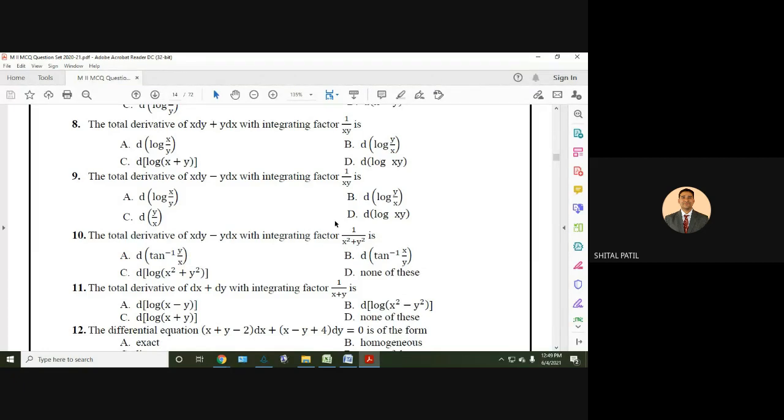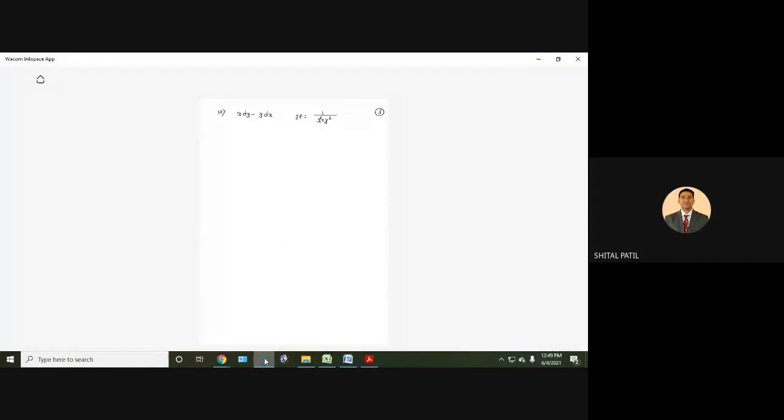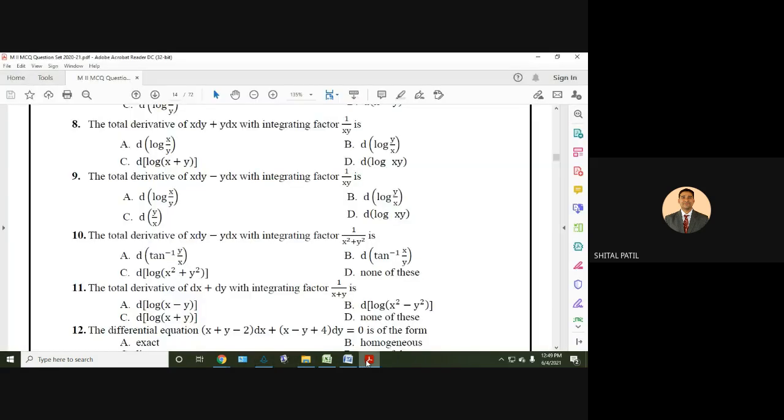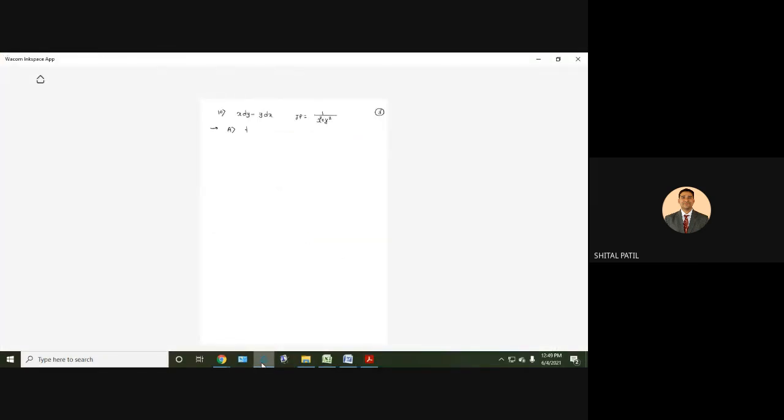So remember that we want 1 upon x square plus y square. So see what is to be done for that. Option A you are saying. Let me start with option A. What is the A option? Tan inverse of y by x. D of tan inverse of y by x. Let's solve. What is the derivative of tan inverse?